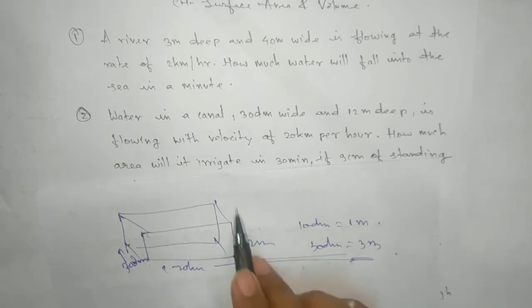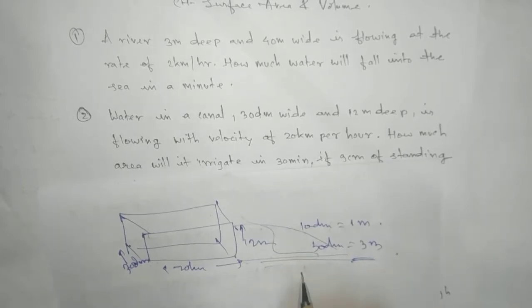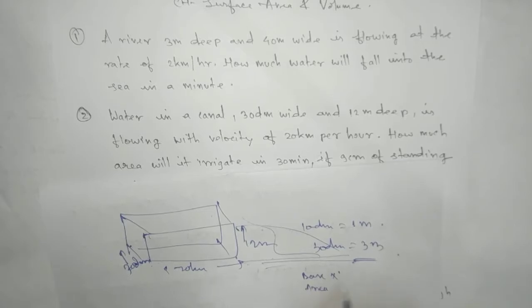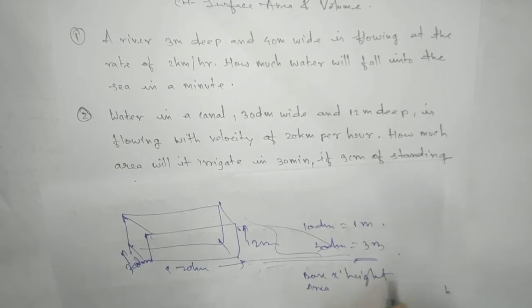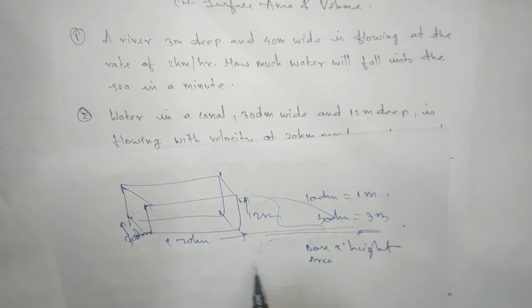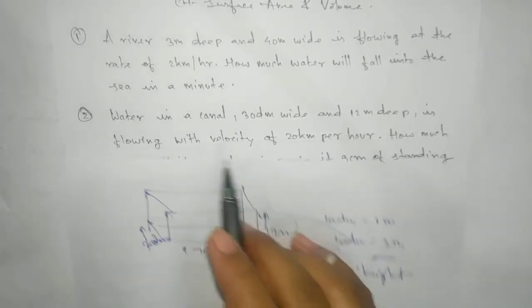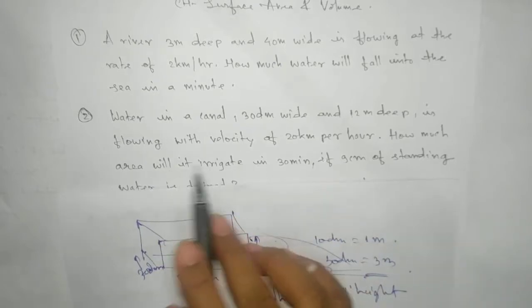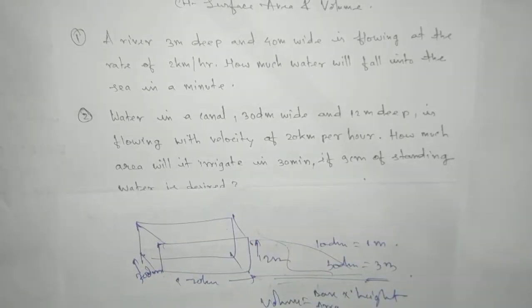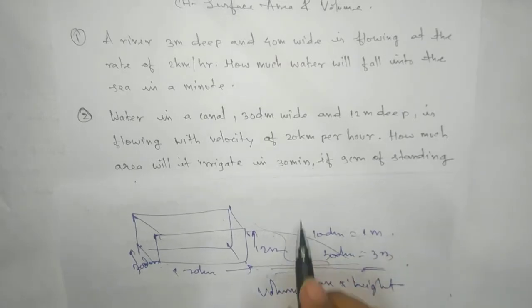Now whatever the volume of the water column in 1 hour must be equal to the base area into height. Why base area into height? Because we know that another formula for volume is base area into height, and here the water falls into the field for irrigation purpose, and it has a height.